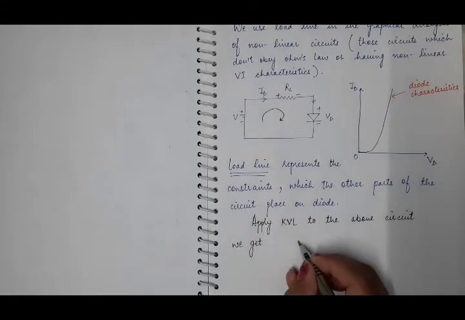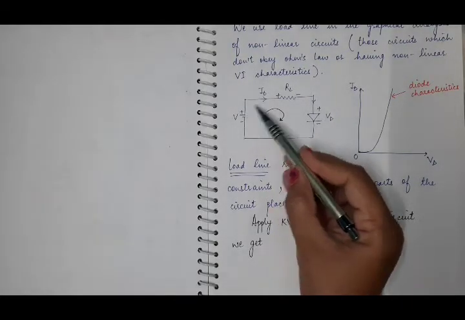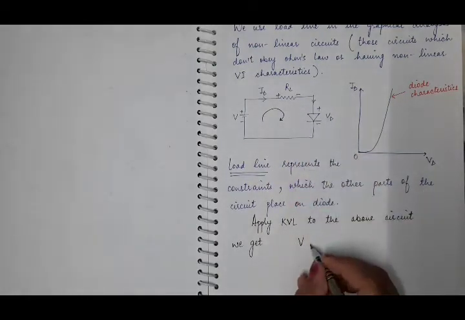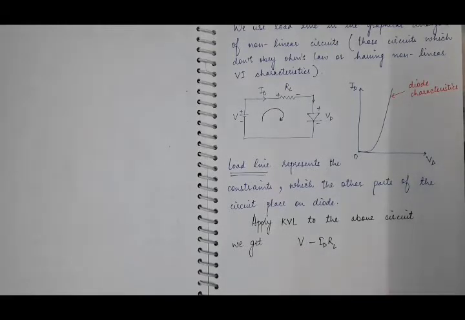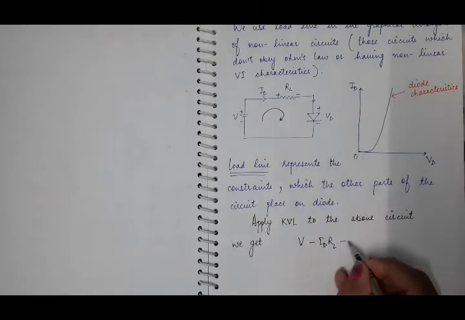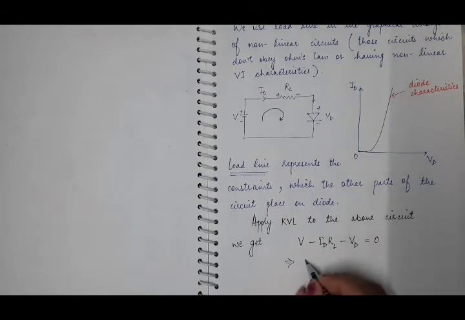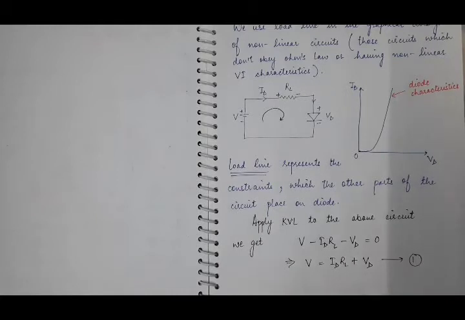So V is the voltage source, V. Then the signs are not alternate because here we have positive and again we have positive. So it will be minus IDRL, IDRL is the voltage drop across RL. Then again signs are not alternate, so we will have minus VD, equal to 0. So what will be the value of V? It implies V is equal to IDRL plus VD. And suppose this is equation 1.